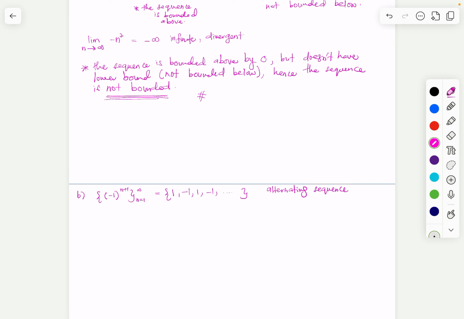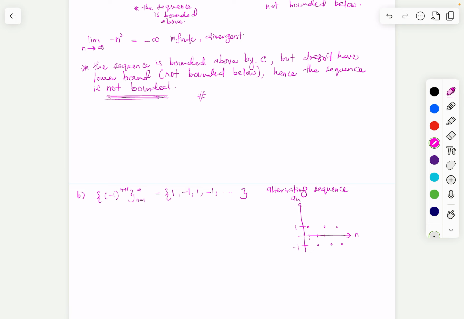If you want to illustrate the graph for this sequence, it goes from -1 to 1. Let's say this is n, this is a_n. So it starts from 1 and then at 2 it goes to -1 and then 1, -1, 1, -1 and so on. So it is alternating.